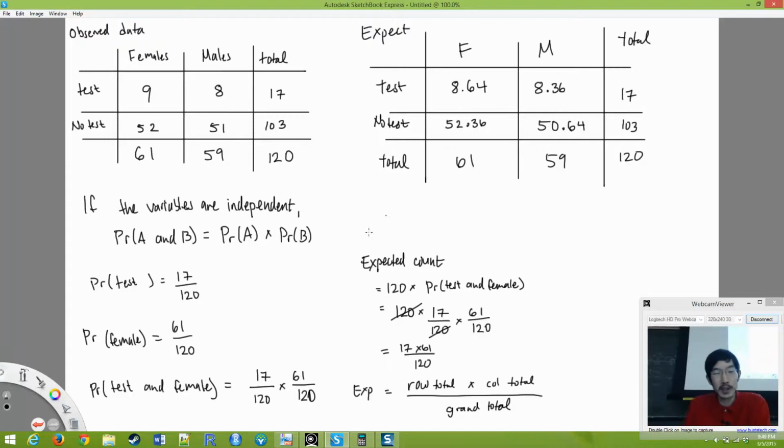And degrees of freedom, when you're doing a chi-squared test for independence, is the number of rows minus 1, times the number of columns minus 1. So in our case, we have 2 rows and 2 columns. Don't count the total columns. We have 2 rows, 2 columns, so we have 1 times 1, 1 degree of freedom. Don't count the total columns in the number of rows.